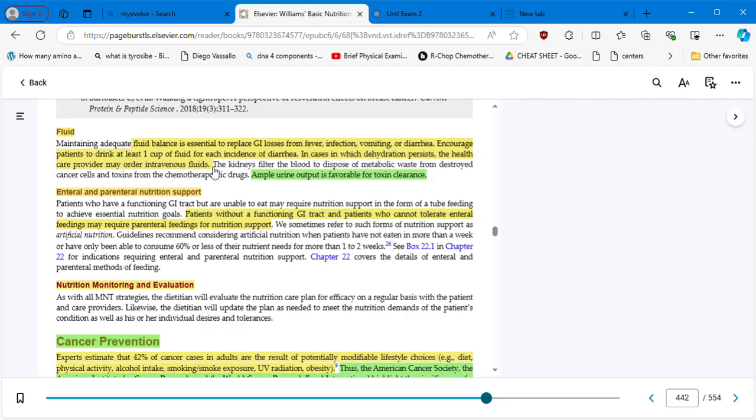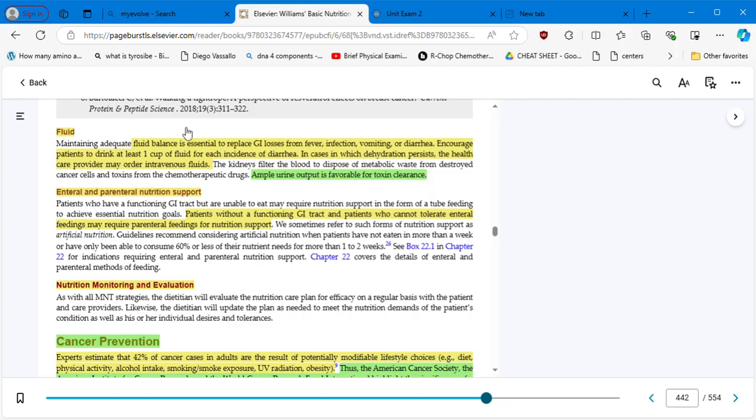So ample urine output is favorable for toxin clearance. Exactly, and not only urine, but also the diarrhea is going to get rid of the toxins. So we are going to support that fluid imbalance with intravenous fluids, okay? Better, depending on the case, don't take me wrong, than anti-diarrheals, which are going to keep the toxins inside.